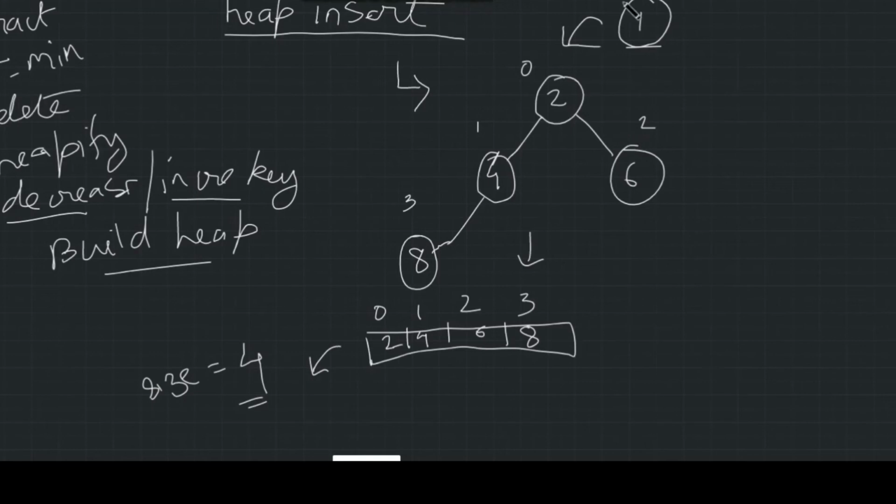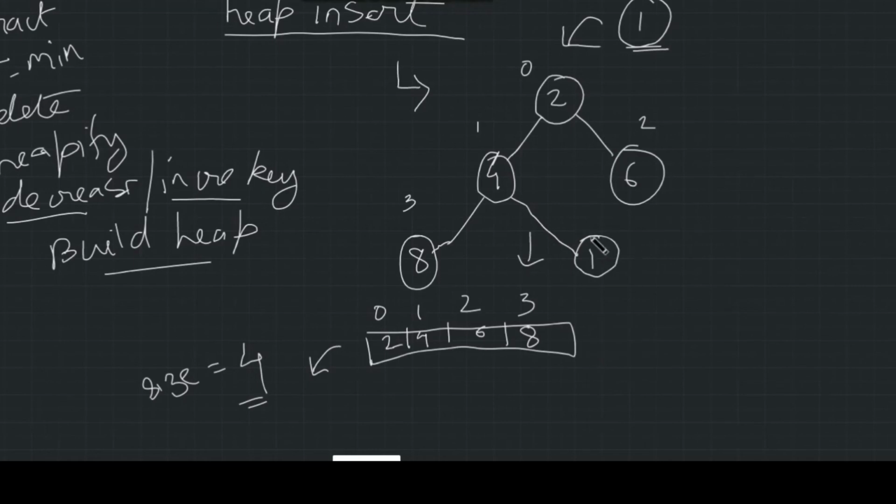Now for inserting any value in a min heap, I'm going to insert this value at the end of the heap. Step 1: insert it at the end of the heap, like inserting it at the end of the array.